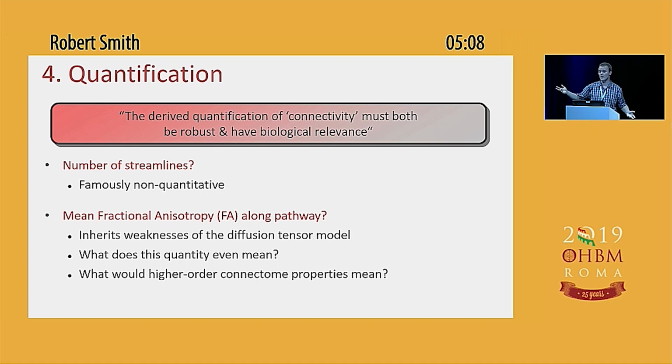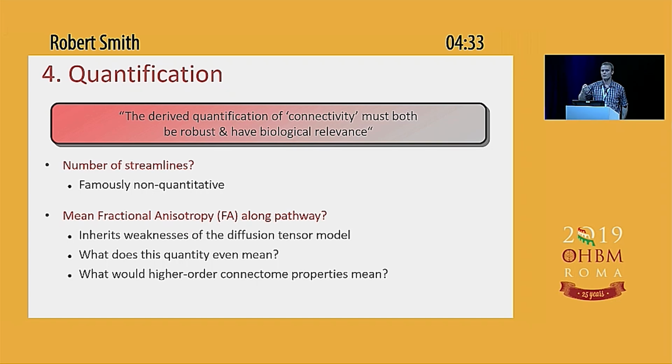You could simply take the number of streamlines. The trouble then is that the number of streamlines is known to not be quantitative. Yes, it probably tells you something, like it's probably vaguely proportional to some connectivity thing, but it's also affected by a lot of other things. And so there are a lot of weird biases that you would have in your quantities that you don't really want. You can do something like take the fractional anisotropy from the diffusion model, which is supposed to tell you something about integrity in exceptionally large inverted commas.